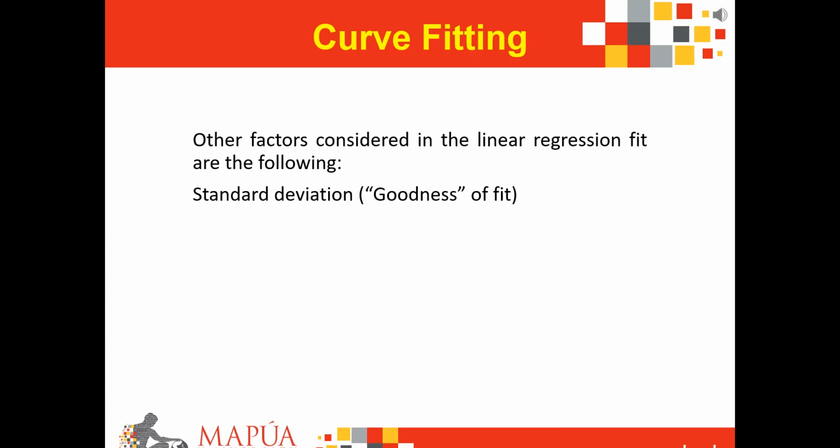There are other factors that are often considered when doing linear regression. You often also denote the standard deviation, which basically shows us the goodness of fit of your given set of data onto your regression line, which is often depicted by this given formula.